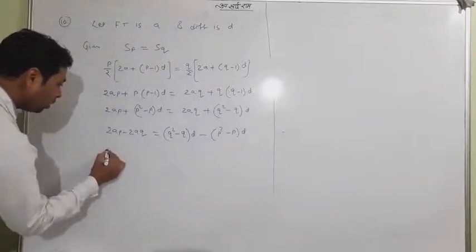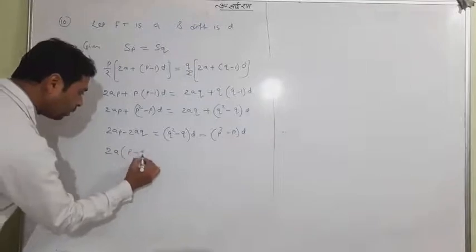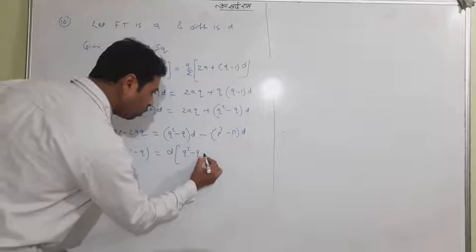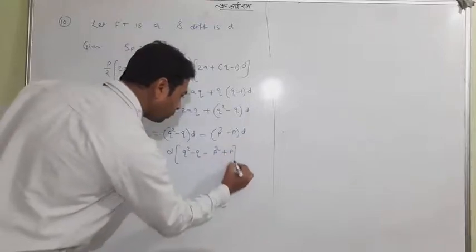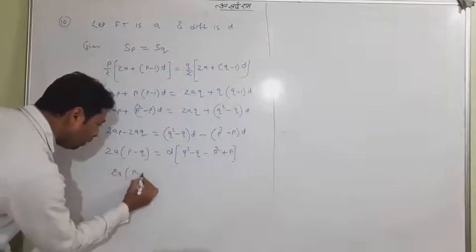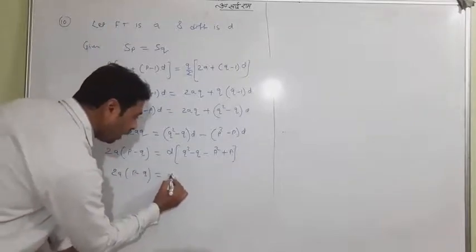What will happen? Take 2 common, and P minus Q; D common, (Q square minus Q minus P square plus P). You know, the sign will change. Then what will happen? 2A into (P minus Q) is equal to D times something.